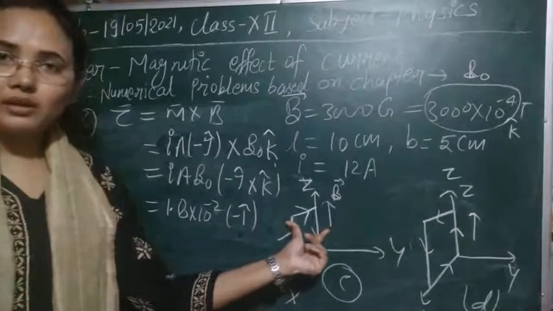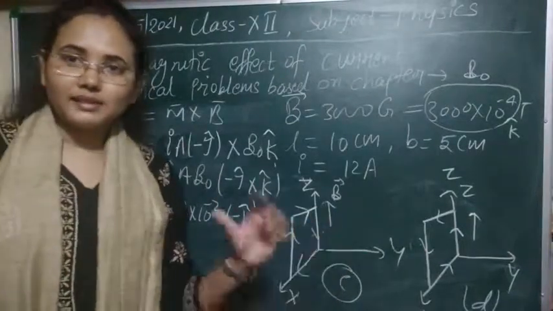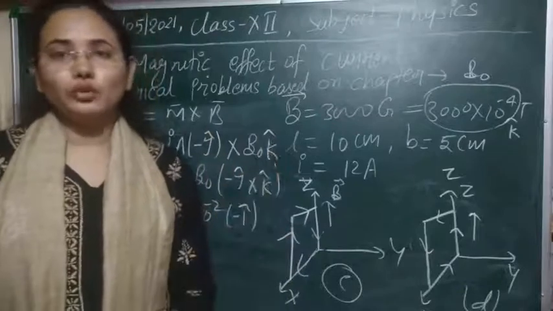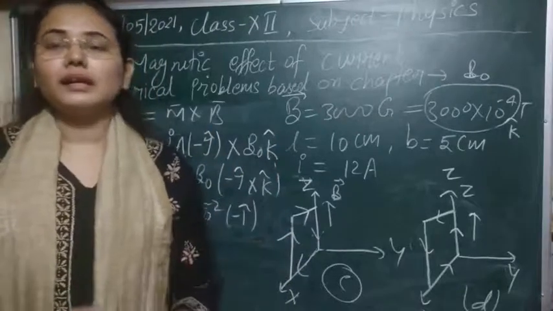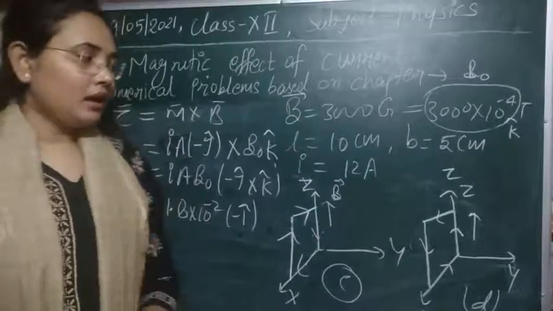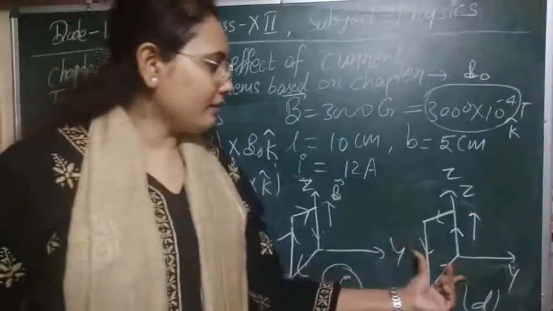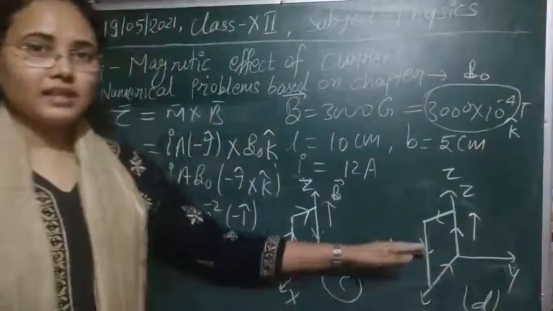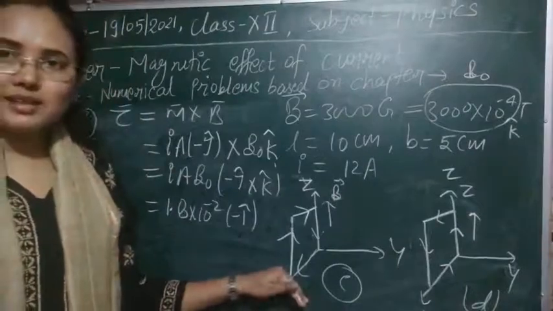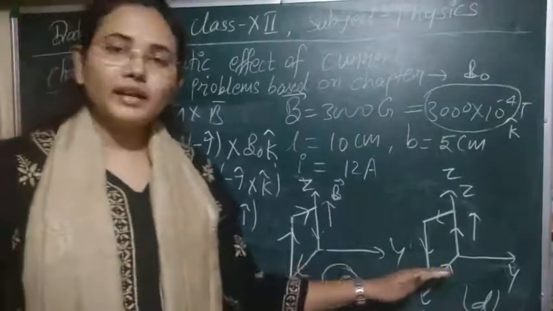Means the torque is acting along the negative x-axis, so the whole loop will try to rotate towards the negative x-axis. Clear, I think. Next, we have one more case, and this case is just like case C, only the direction of current is different.